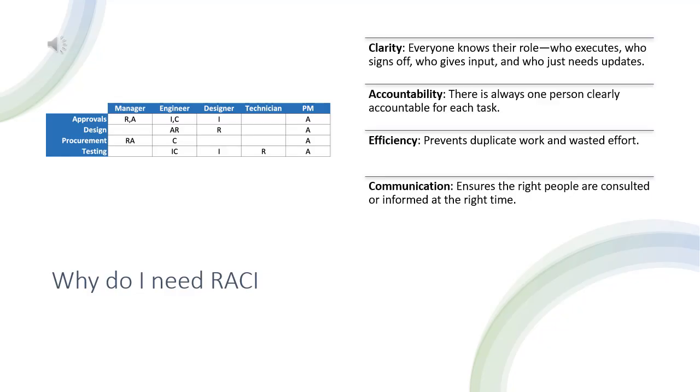Clarity: everyone knows their role, who executes, who signs off, who gives input, and who just needs updates. Accountability: there is always one person clearly accountable for each task. Efficiency: prevents duplicate work and wasted effort. Communication: ensures the right people are consulted or informed at the right time.